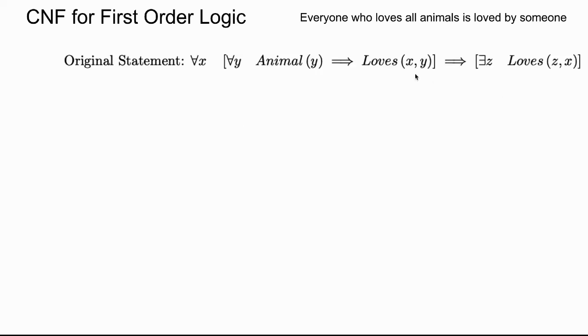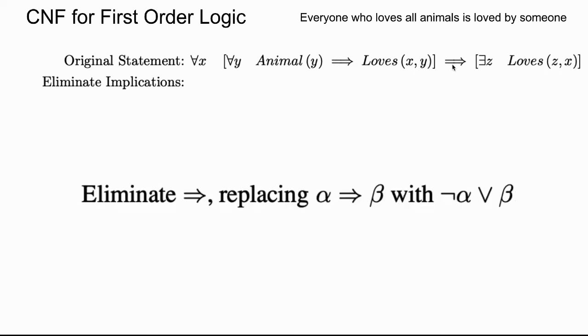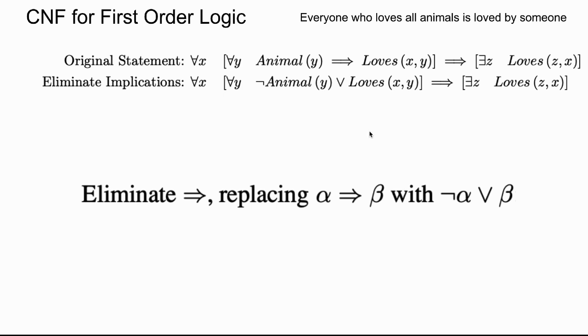Okay, so now how do we convert this into CNF? So first thing is that you need to eliminate the implications. So to eliminate that, we replace this implication by not alpha or beta. Okay, again, as I said, please do check this. Write a truth table for alpha implies beta, write a truth table for not alpha or beta, and make sure that these are one and the same.